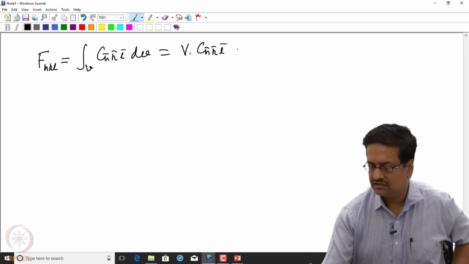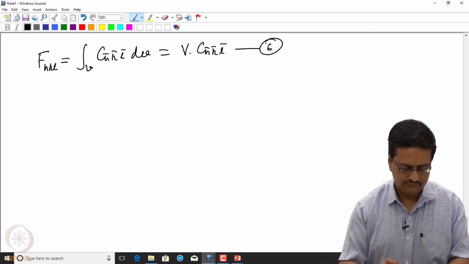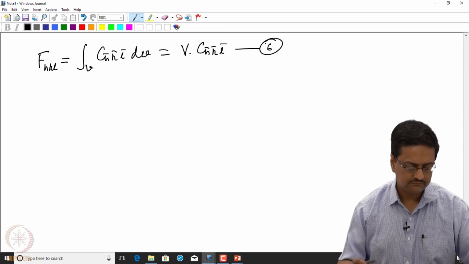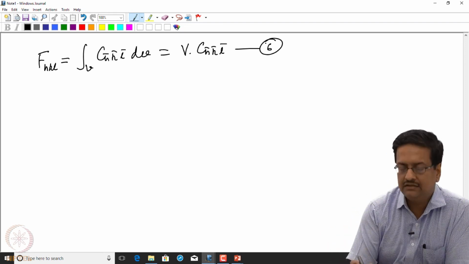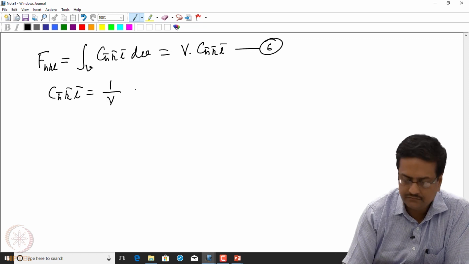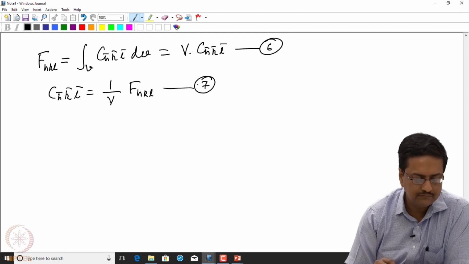So this is the expression number 6. So one can write the constant C h bar k bar l bar as equal to 1 by V F(hkl). We write it as equation number 7.